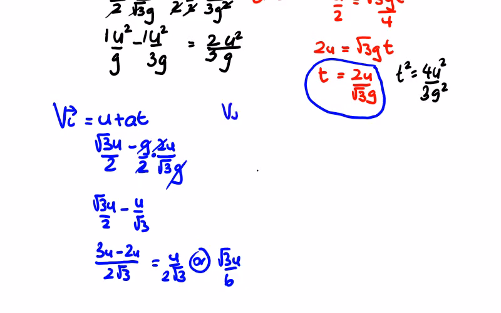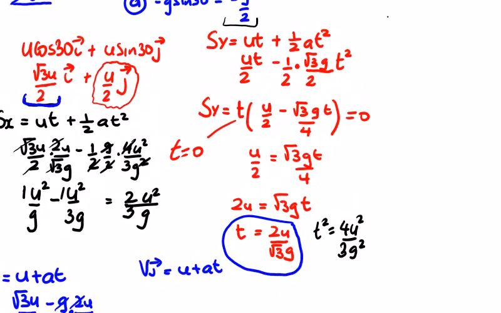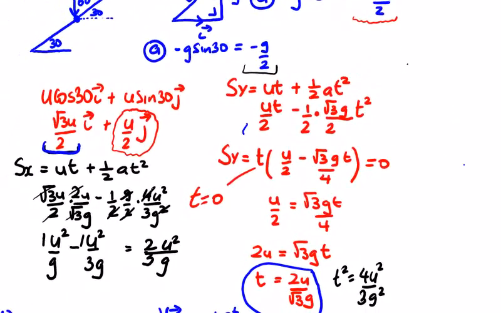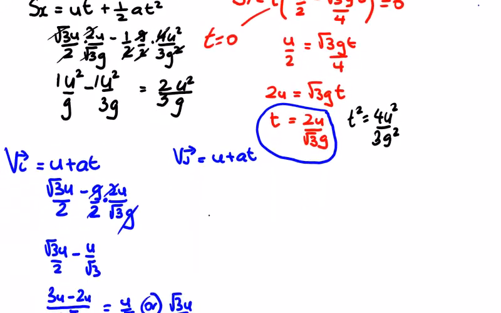The velocity in the j direction is also u plus at. The initial velocity in the j direction was u over 2, wasn't it? Just double check here. Yes, we have u over 2.